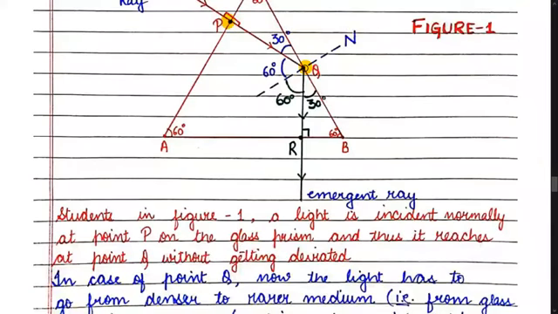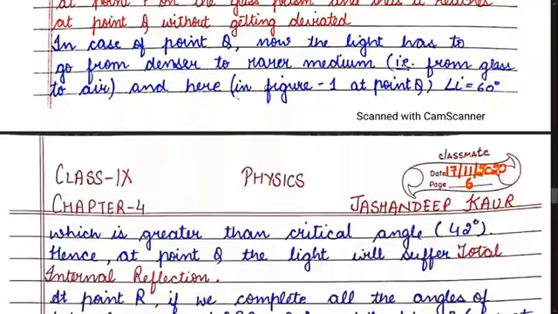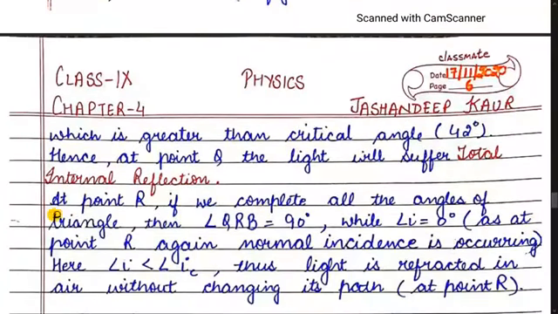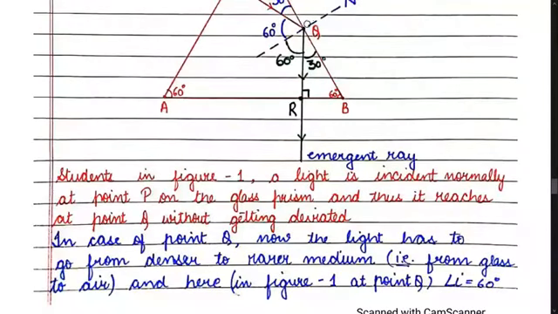In case of point Q, our angle of incidence is greater than the critical angle and the light is going from denser to rarer medium. So the case of TIR will take place, and at point R, if we complete all the angles of the triangle, then angle QRB comes out to be 90 degree.